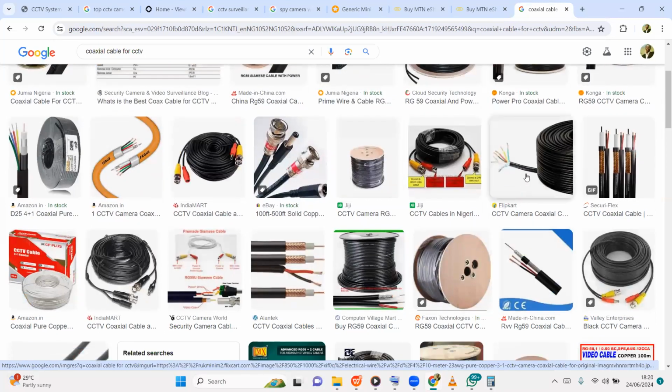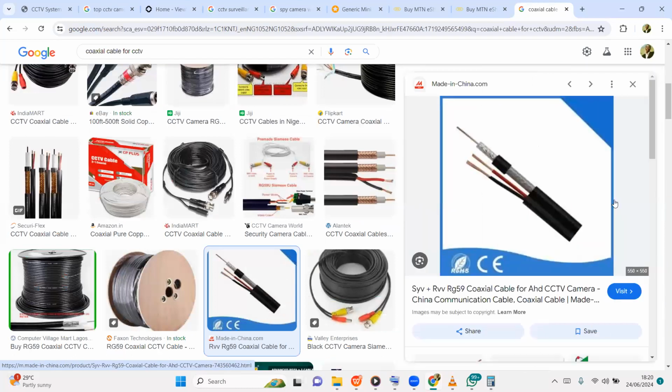It's just something like this. Yeah, so this is how it looks like. So you see this particular cable. So this is for the data. This is what goes into the DVR, the digital video recorder. So this is the power. So this is what goes into your power supply system.